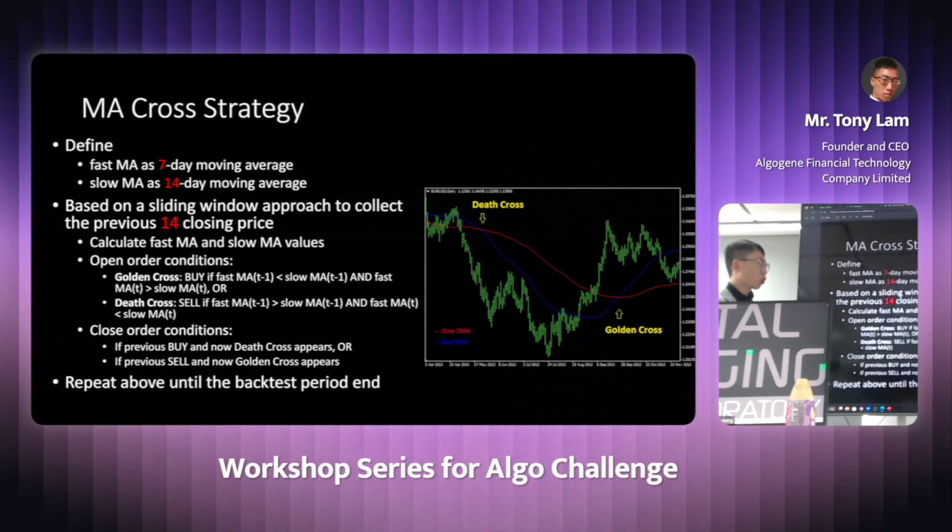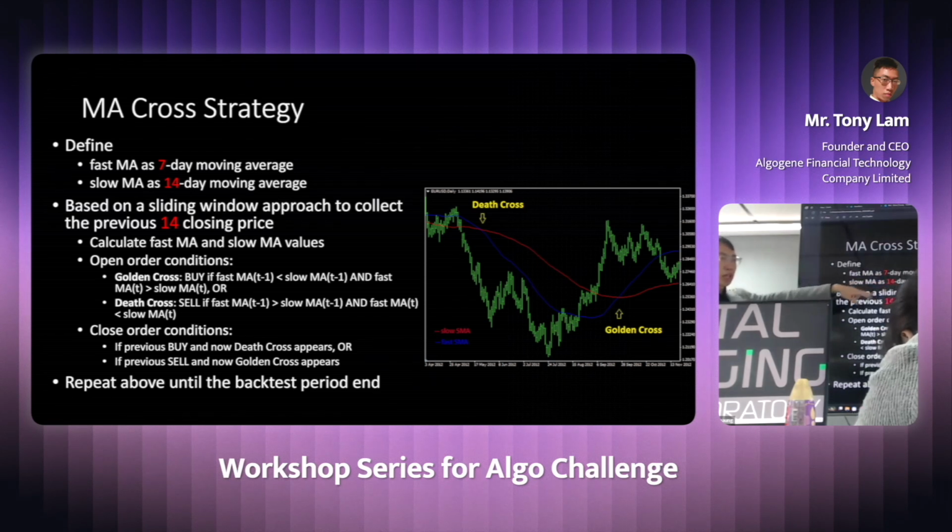Once we have the trading idea, we need to formulate our trading logic into a computer program. Here are the steps. First of all, we need to initialize our two variables, fast MA and slow MA, with respective parameters of 7 and 40 days. Then we use a sliding window approach to collect the previous observations.